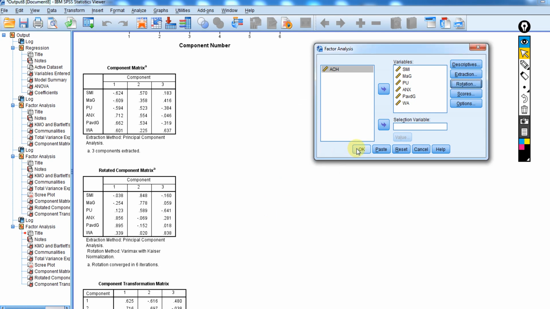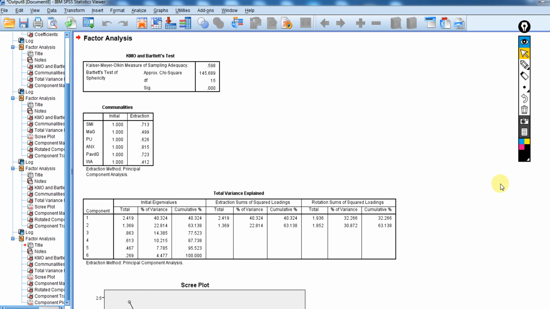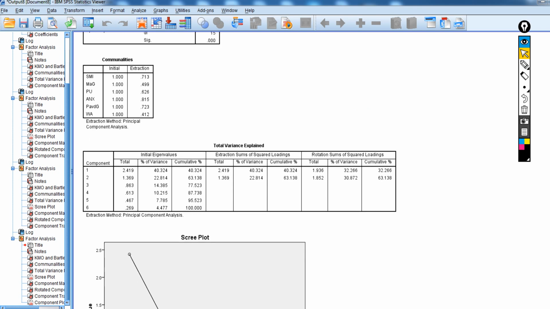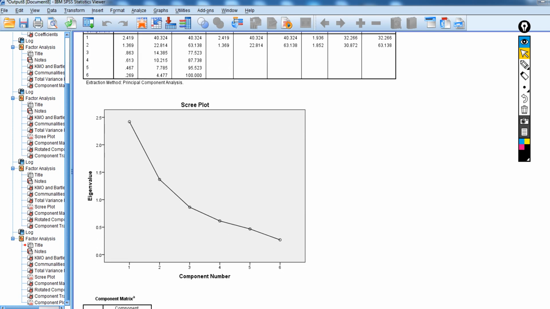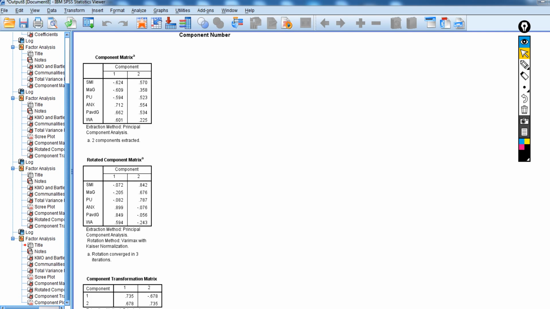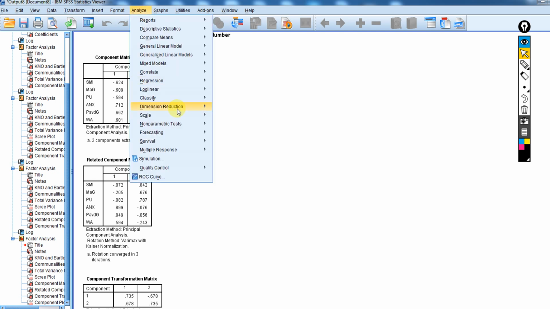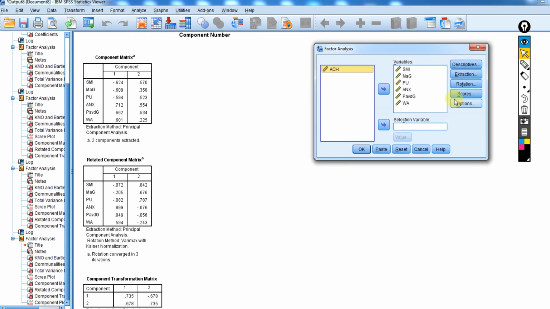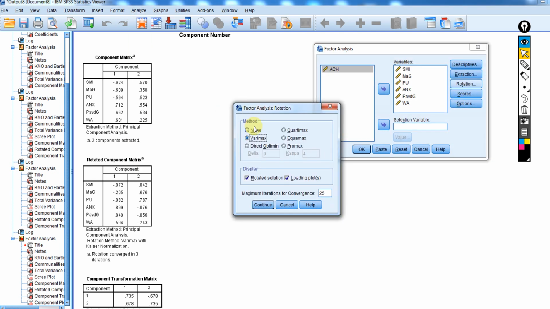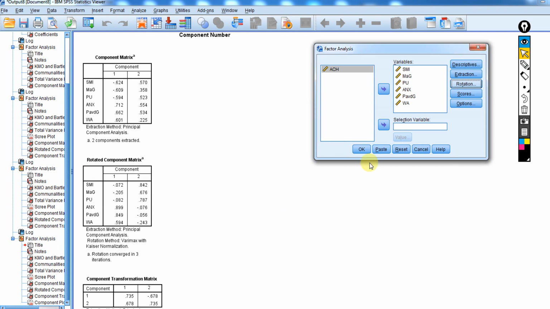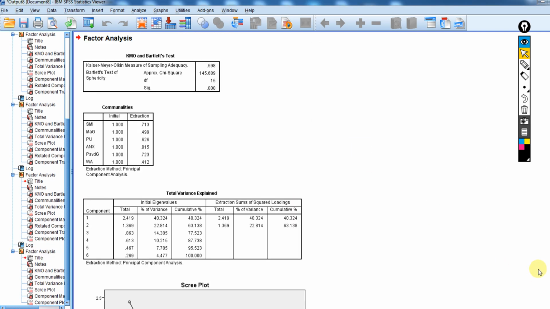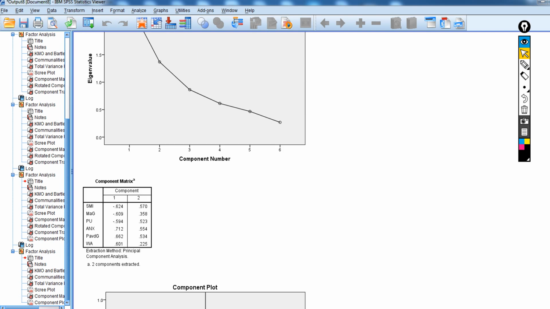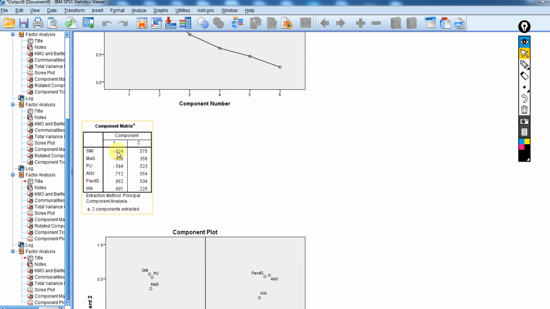So at this point, you'll notice in the output that we've got a component matrix and a rotated component matrix. Actually, before I go into the rotated, let's just click off of that for a second and rerun this again. In this particular case, the component matrix represents the correlations between each of the measured variables and each extracted, or retained, component.